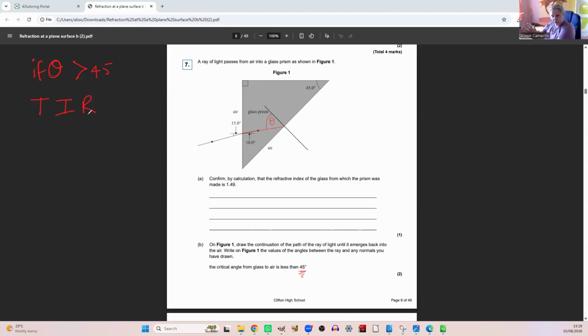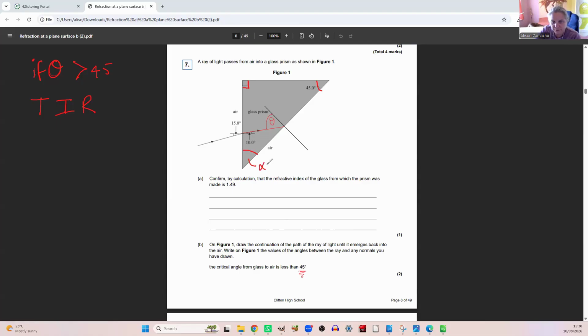Now, this is what I was meaning in the last bit on my whiteboard where I said you have to use the angles in triangles. So this is a prism. The grey triangle is a prism. We've got 45 degrees here, 90 degrees here. So what is this angle?